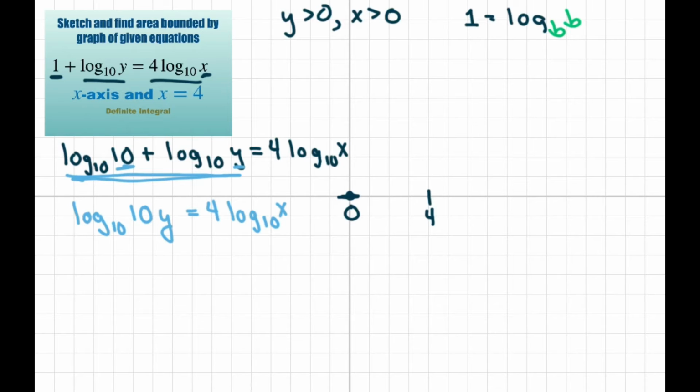Now I'll use my power property of logs and move this 4 up here. Now that we have the same base, 10y equals x to the power of 4, or you could say y equals x to the 4th divided by 10.